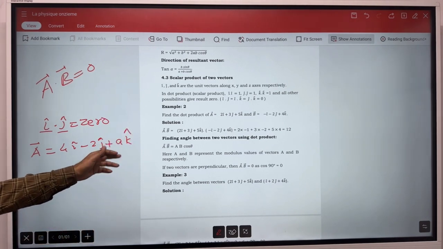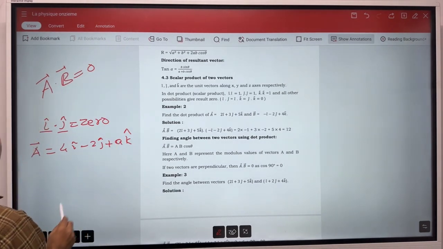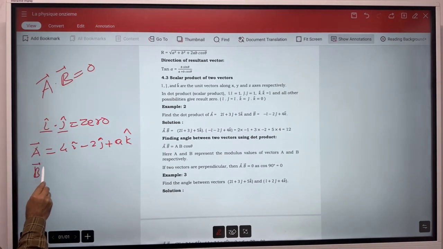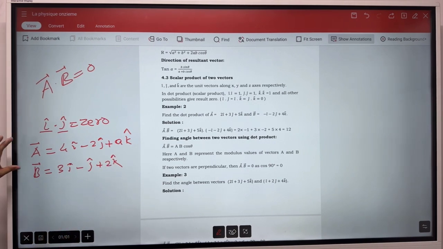Here a is a number that is to be determined, and vector B is given as 3i minus j plus 2k, and it is given that their dot product is 0, that is, they are mutually perpendicular.